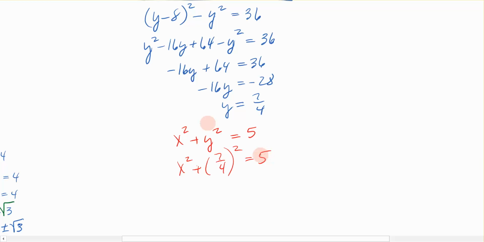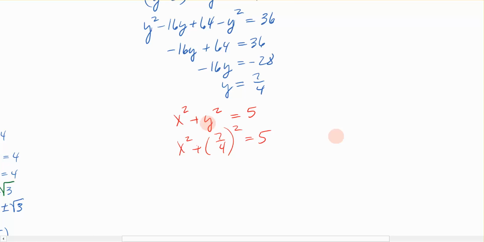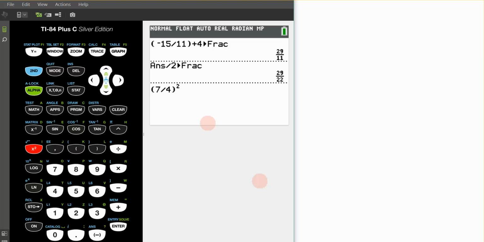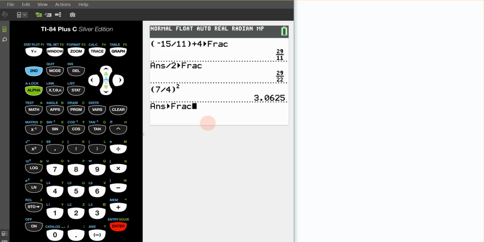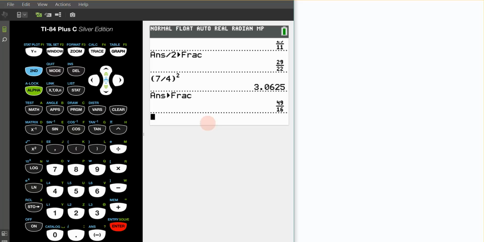So on my calculator, I am going to square 7/4 and subtract it from 5. If I square 7/4 and leave it as a fraction, which is what I wanted to do because I think that's easier, I get 49/16.